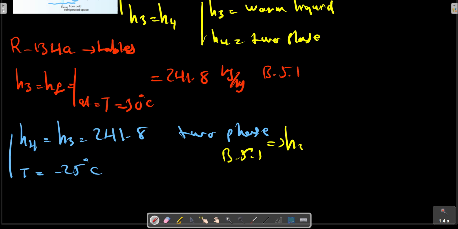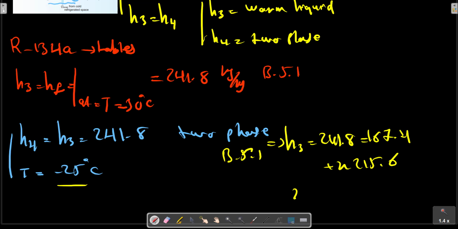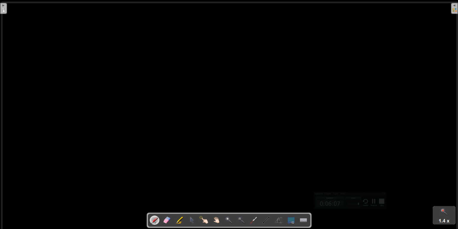H3 equals to HF at T equals to minus 25, plus X multiplied by HFG. From the tables, X can be calculated, and it is the quality at the evaporator inlet.